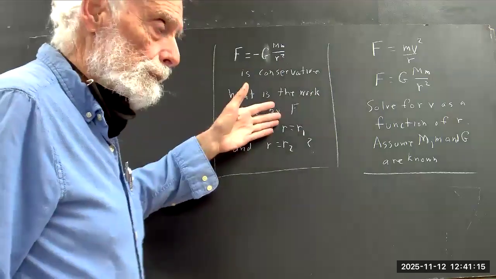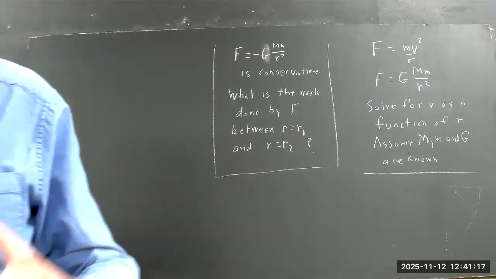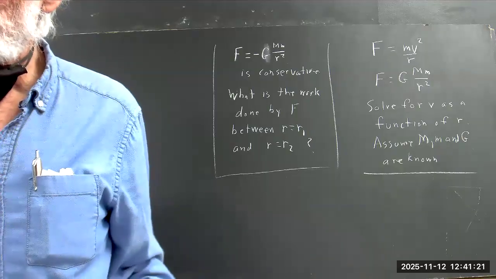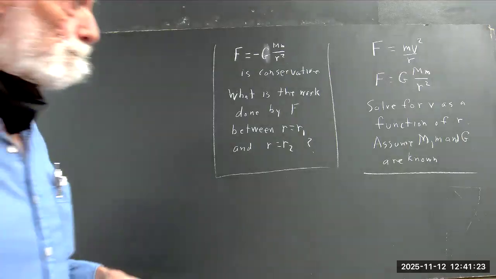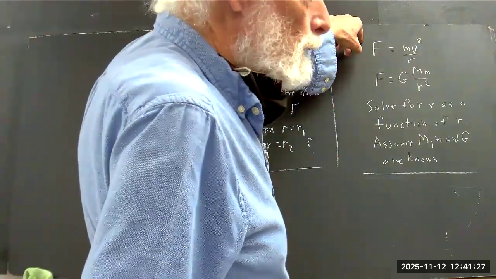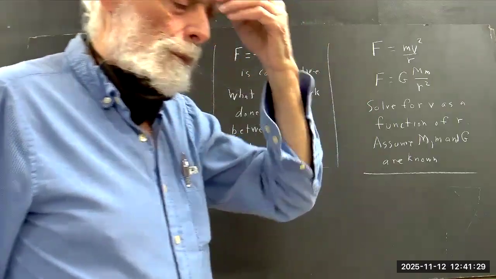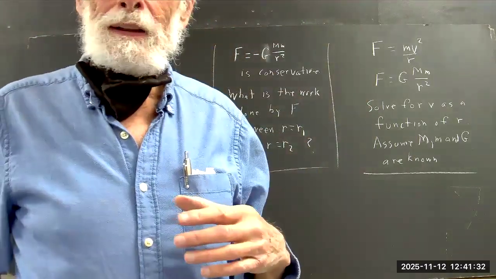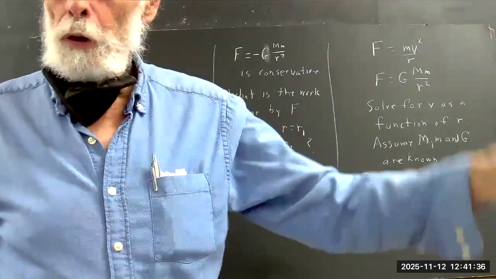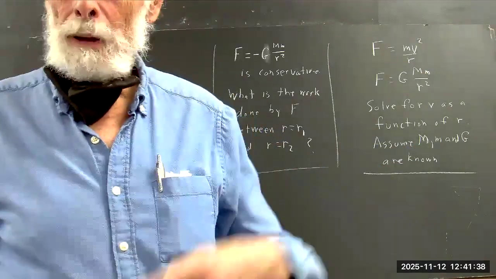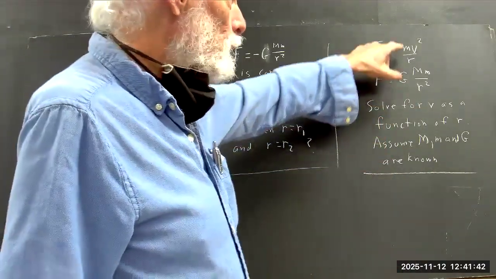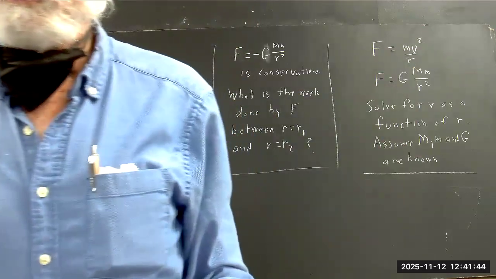Two problems that are going to move us toward some understanding of orbital mechanics. First of all, if you have a satellite in circular orbit, then it's got to have a net force equal to mv squared over r.